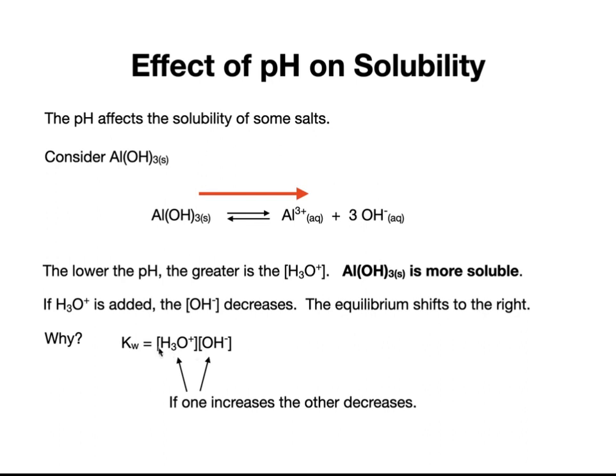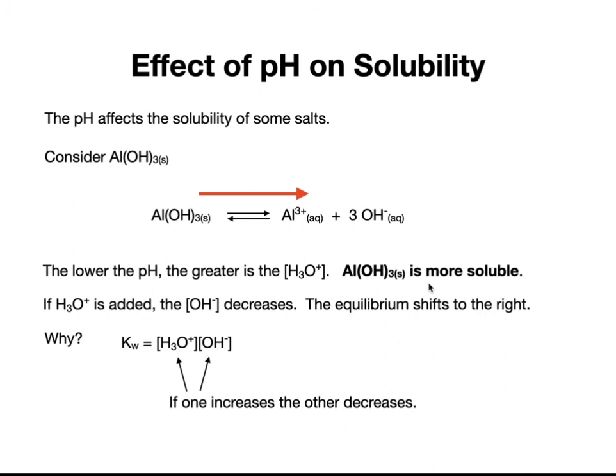So if we add acid, what does that do? That increases the concentration of hydronium. If this goes up, this has to go down. What happens if we decrease the concentration of hydroxide? The equilibrium shifts to the right, and more of the salt will be soluble.